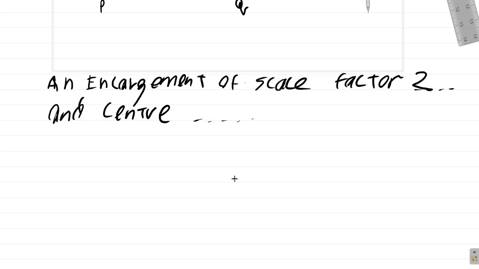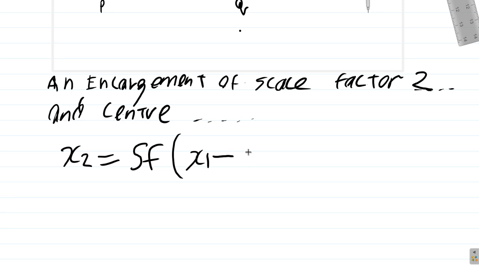Now, there's a certain formula that says x2 is equal to the scale factor times x1 minus x, call it C for the center, plus x center.